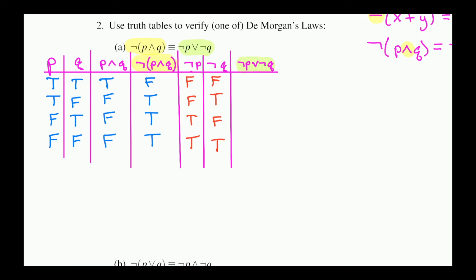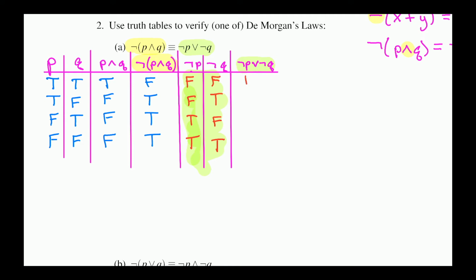And then we need to do an OR between these two. So we're looking at these two columns, and what we're doing is an OR. And remember what an OR does? OR is only false when you have two falses. So when we're looking at this, we've got false, false, false, false.